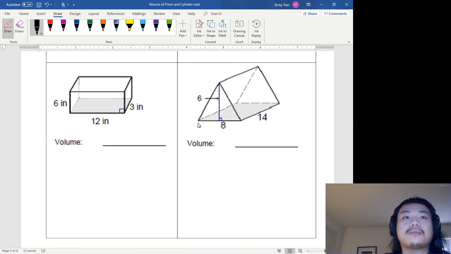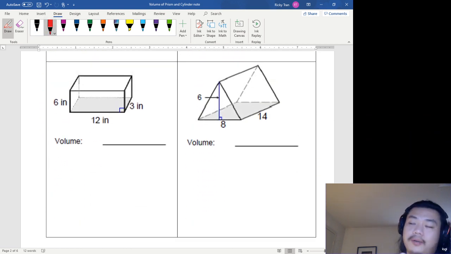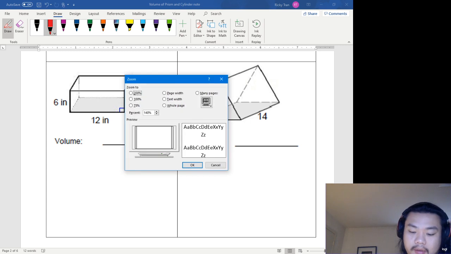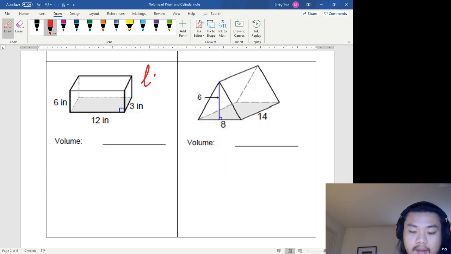And again, for rectangular prisms, it's just length times width times height. So 6 times 12 times 3.